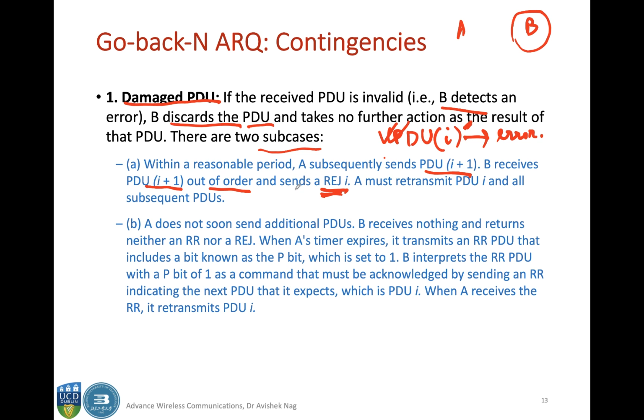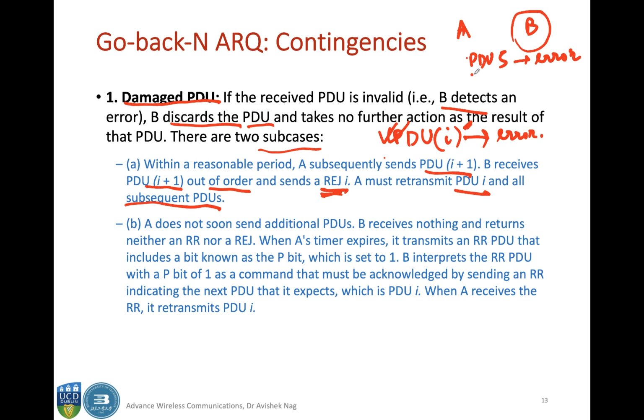It sends a reject I. And when this reject I is received, A must retransmit PDU I and all other subsequent PDUs. Okay, so let's say A has sent PDU 5 to B, and then this is in error.